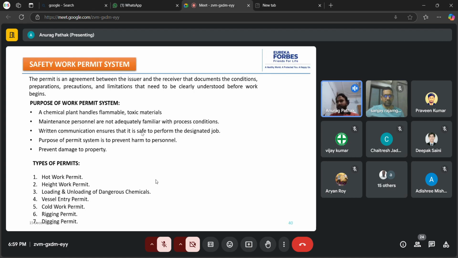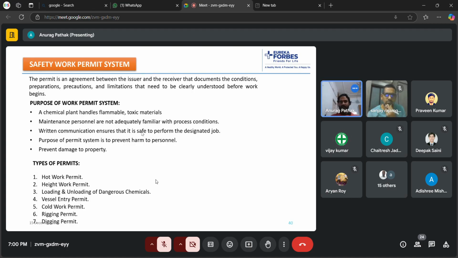So are you aware of the safe work permit system? Anyone of you? Vijay ji, are you here? Yeah, sir. Please let me know what you mean by work permit system. It's an authentication, a documentary work, related to the work activity.